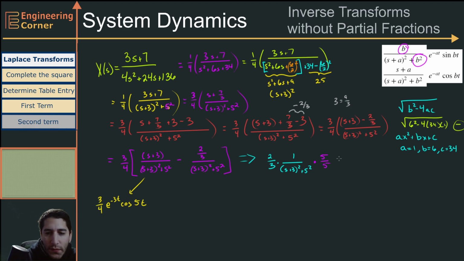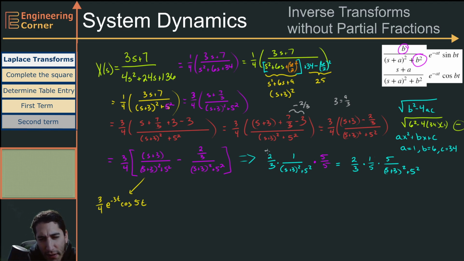Okay? So now I can rewrite this as 2/3 times 1/5 times 5 over s plus 3 squared plus 5 squared. And yeah. So now let's work on this second term a little bit more.